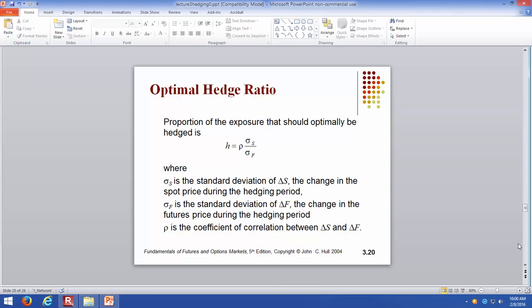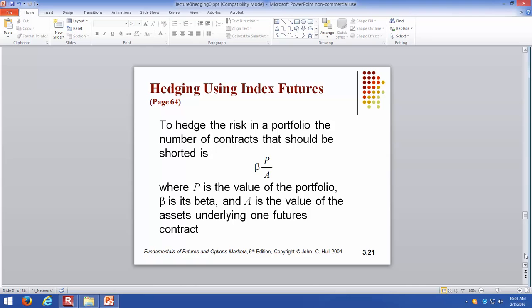So in this case, sigma S is the standard deviation of delta S, the change in the price of aviation fuel, and sigma F is the standard deviation of the futures price, where we are talking about futures contracts on heating oil. And rho stands for the correlation between delta S and delta F. So basically here we are talking about the correlation between the price of heating oil futures and the aviation fuel prices.